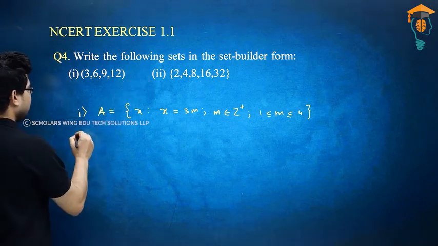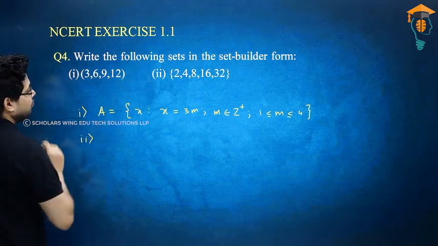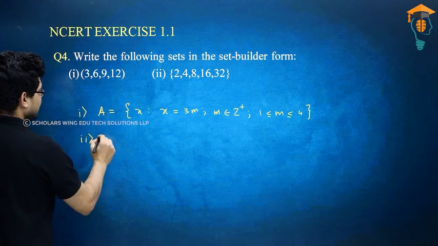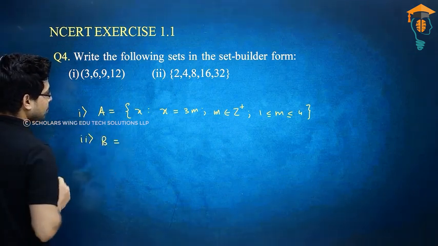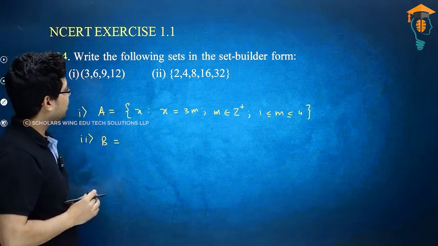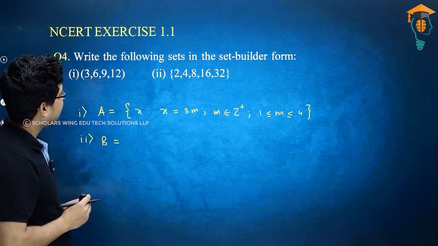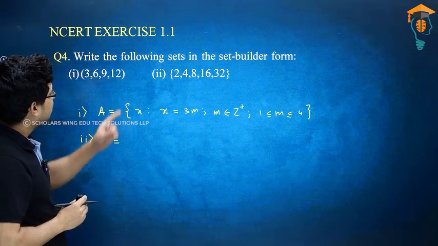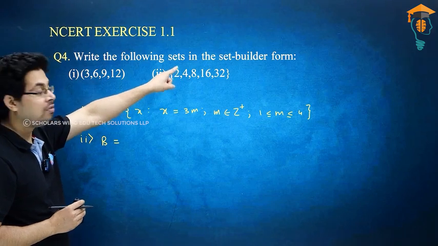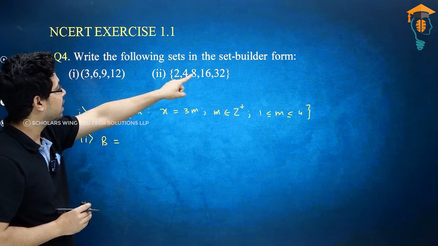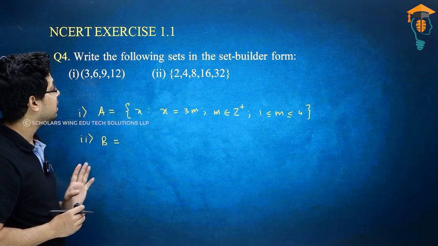Now let's come to question number 2. Let us call this set B. Alright. Now what do we have over here? 2, 4, 8, 16, 32. Double of 2 is 4, double of 4 is 8, double of 8 is 16, double of 16 is 32.